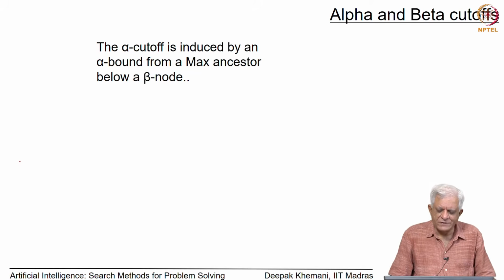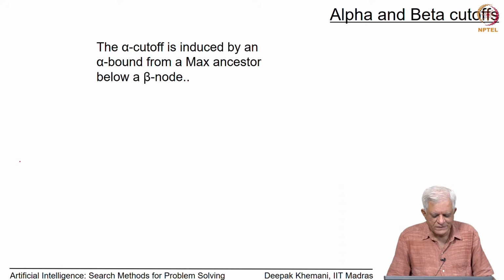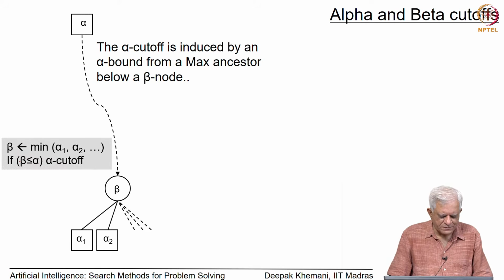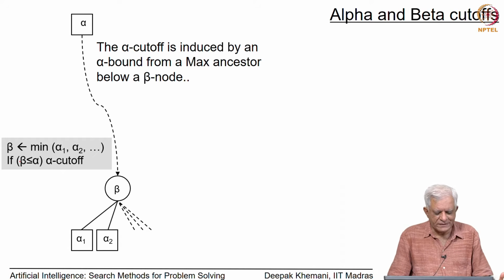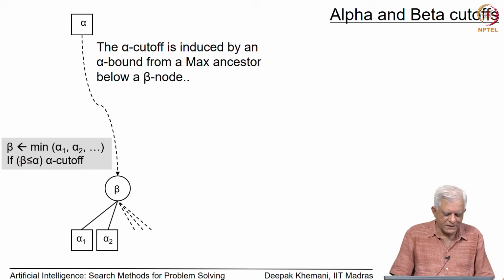And so, this was formalized as follows: the alpha cutoff is induced by an alpha bound from a max ancestor below a beta node. So, whenever we are developing this beta node, if that beta value, which is the minimum of alpha 1, alpha 2 and so on, is becoming smaller than the alpha bound that it gets, then we introduce an alpha cutoff, and the alpha cutoff happens here.